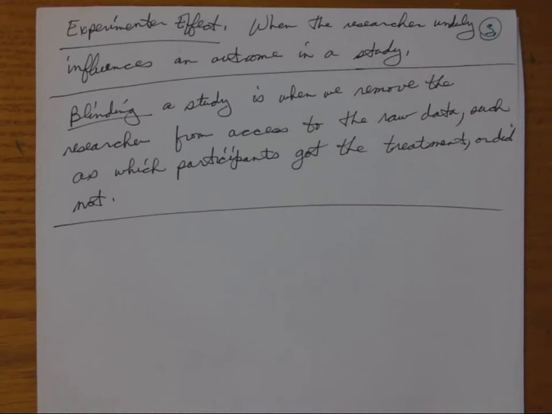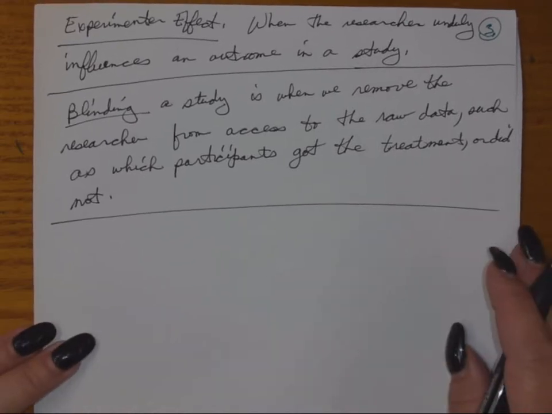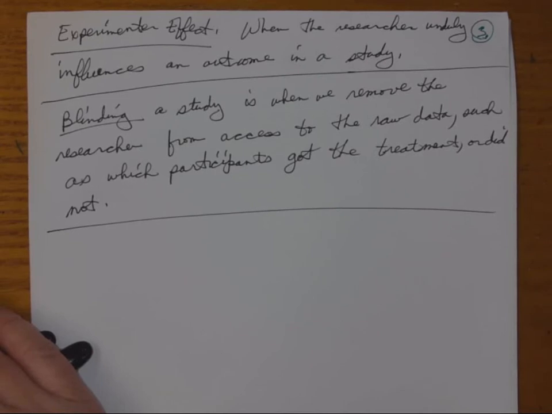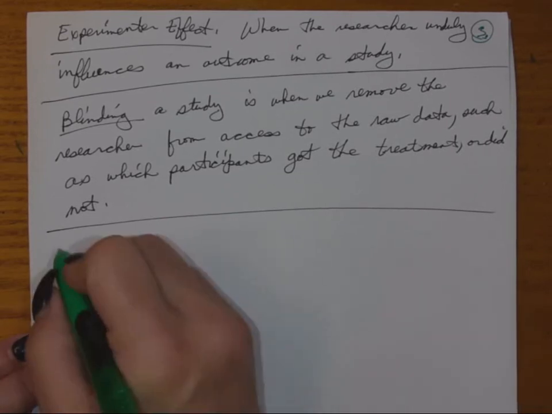At the same time, there's other kinds of blinding that goes on. For instance, let's stick with the antidepressant thing. If I'm giving people the antidepressant and the participant goes, oh, I feel better because I gave them a pill, okay? Sometimes there's something called the placebo effect.